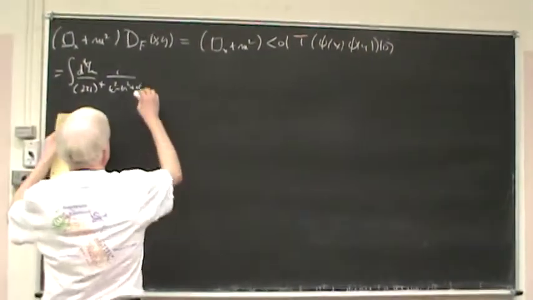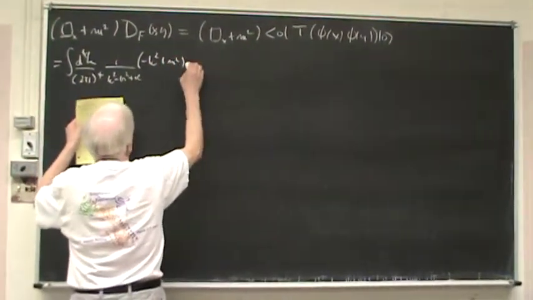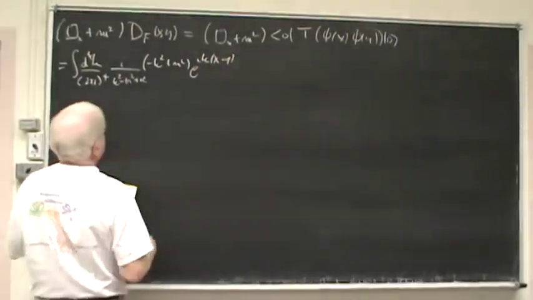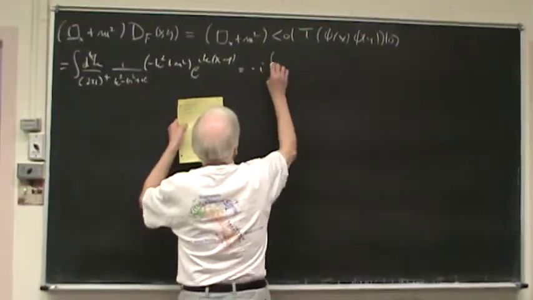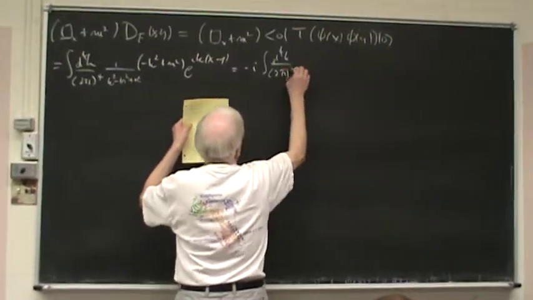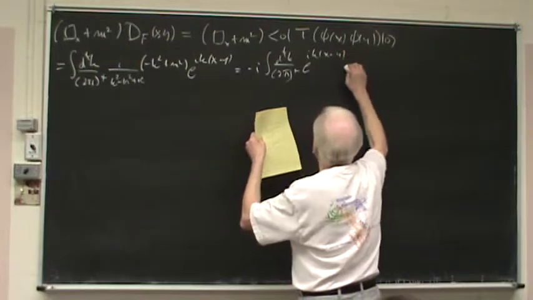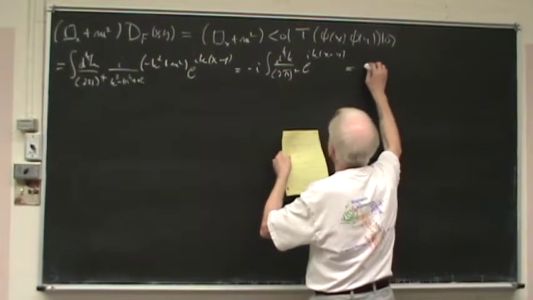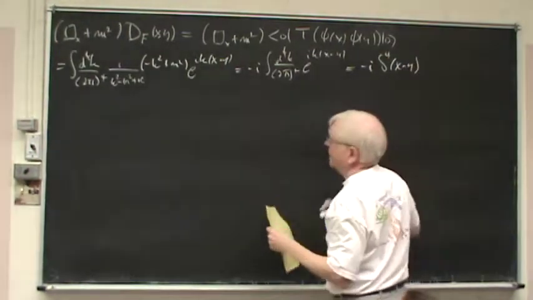The derivatives bring down minus k squared plus m squared, e to the i k (x minus y). All right, well this cancels apart from a minus sign. So this is minus i times the integral d fourth k over 2 pi to the fourth, e to the i k (x minus y). And that, of course, is minus i delta fourth of x minus y.